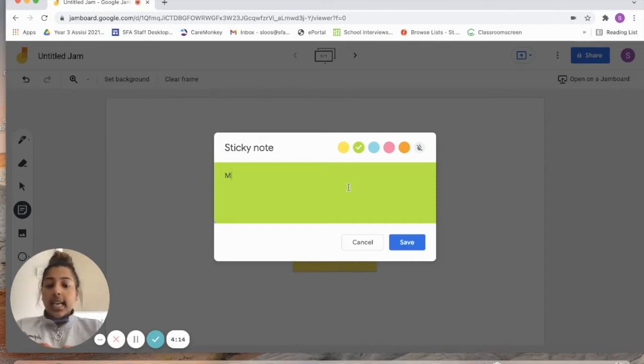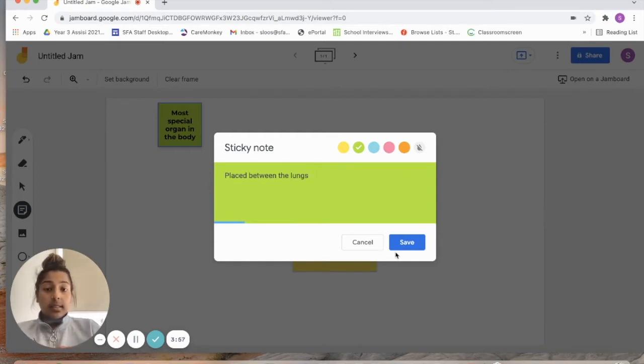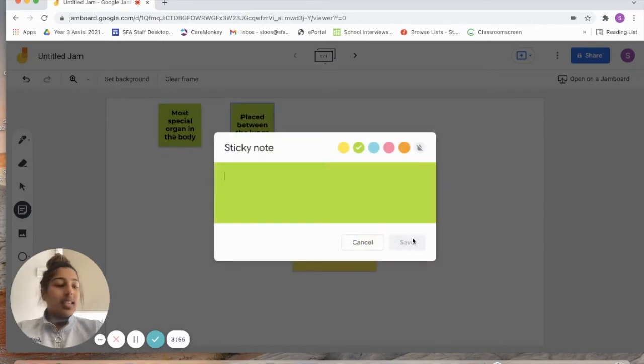So they said it's the most special organ in the body. That's important. They also said that it is placed between the lungs. They said that it sends blood all over our body.